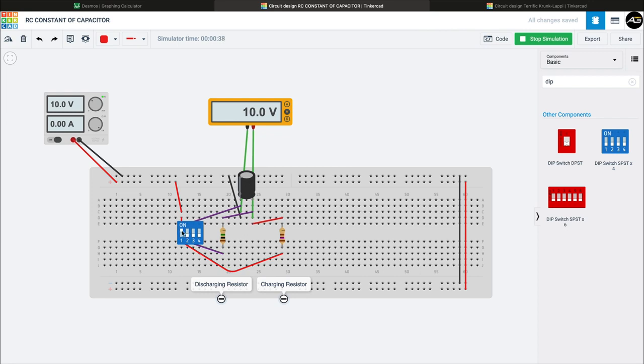I turn off the switch and switch on this discharging switch. You can see earlier while charging it was somewhat speedy, but now when I turn on the discharging switch, you can see that it is very much slow in rate.